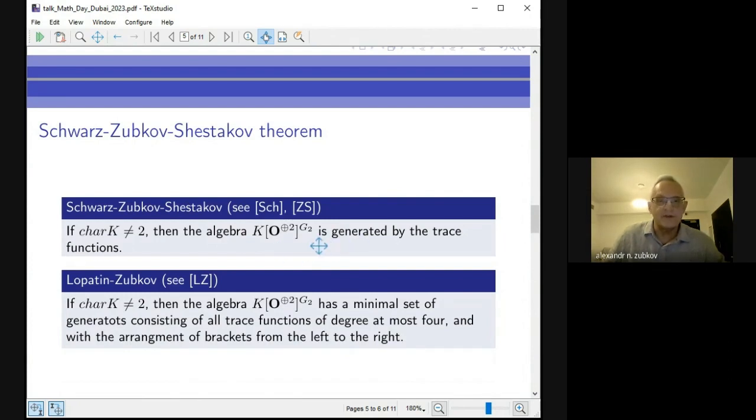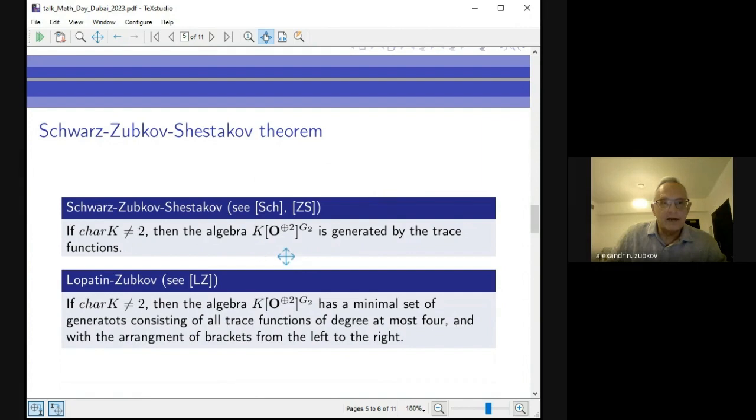These vector invariants of several copies of octonions were first described by Schwarz in the 80s of the previous century, and later in our joint work with Professor Ivan Shestakov, we extended the result to the case when the characteristic of the ground field is positive but not equal to 2.